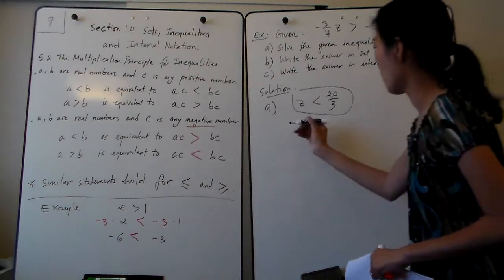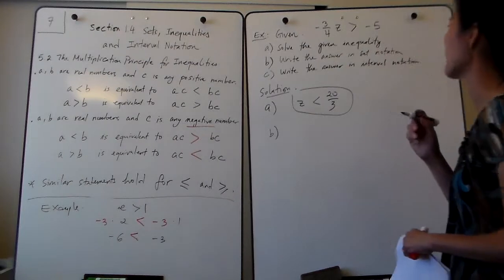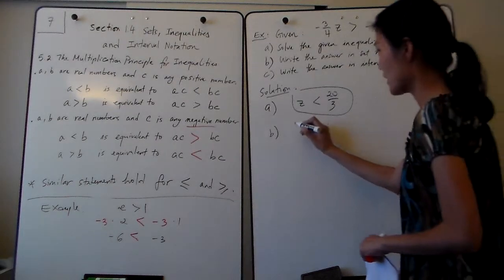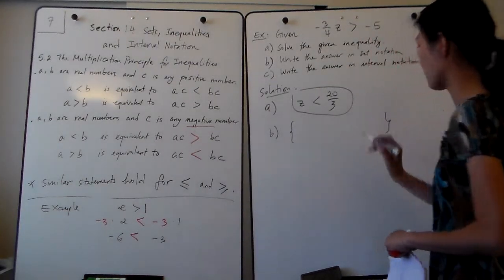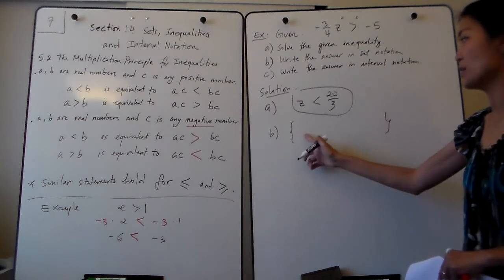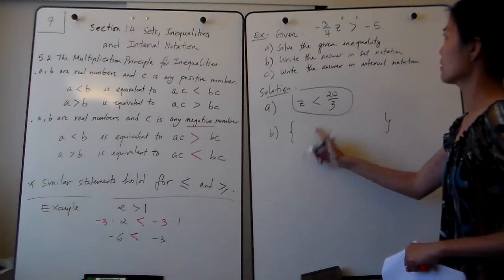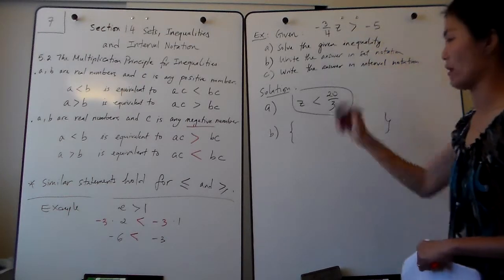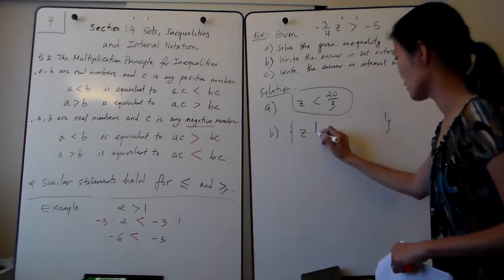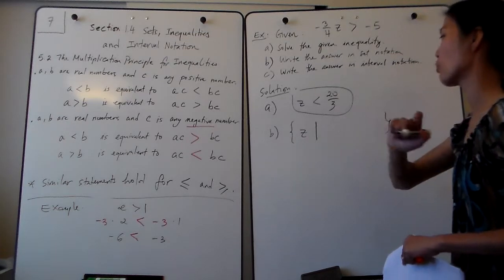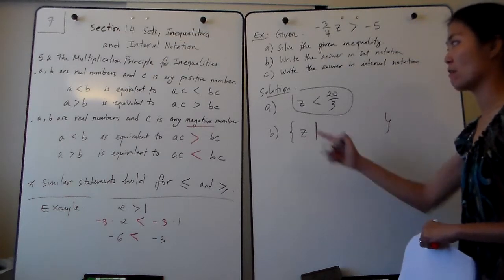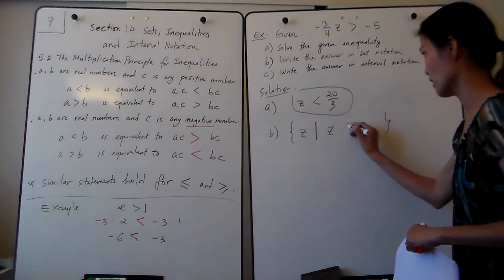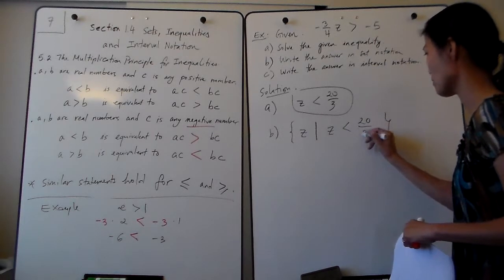We need to write the answer in set notation, right? Set notation involves braces. In this case, in the original inequality, z is the only variable, right? So we put z such that, and give a description of z. We can find that from part A: z is less than 20 divided by 3.